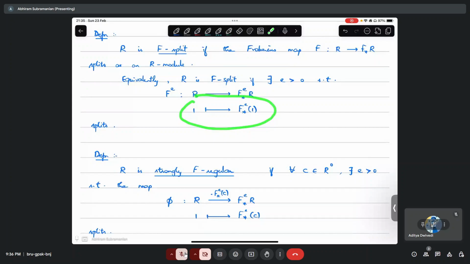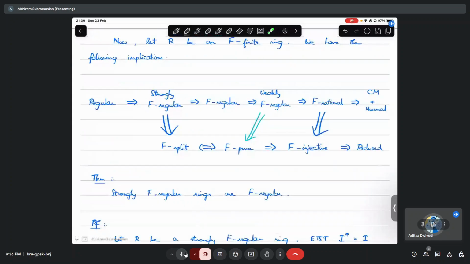Okay, maybe I can leave it now as an exercise. I think it uses Fedder's criterion.